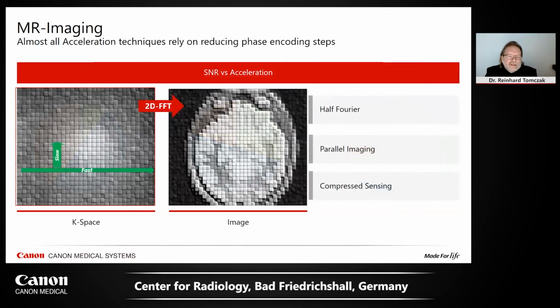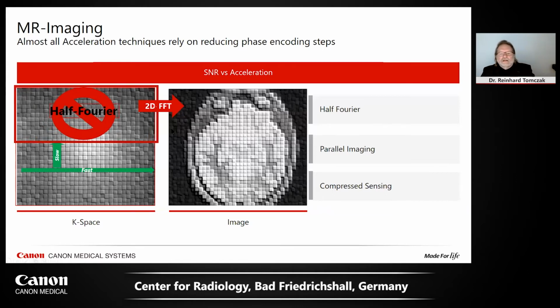Most imaging techniques in MRI which accelerate the imaging procedure rely on reducing phase encoding steps. Normally, you have a frequency encoding axis, which you can get fast, and a slow phase encoding axis. There are several methods, well known for many years, to accelerate the imaging.